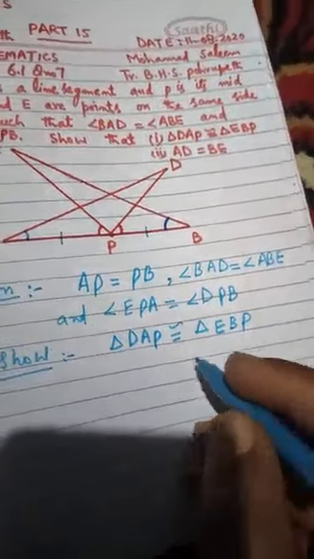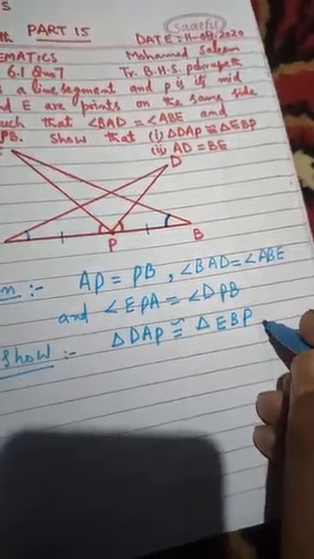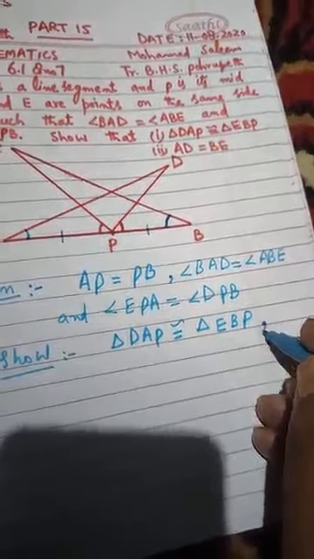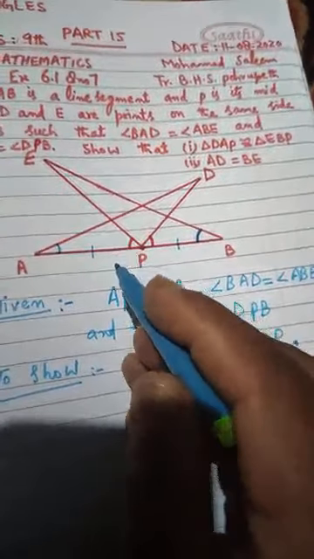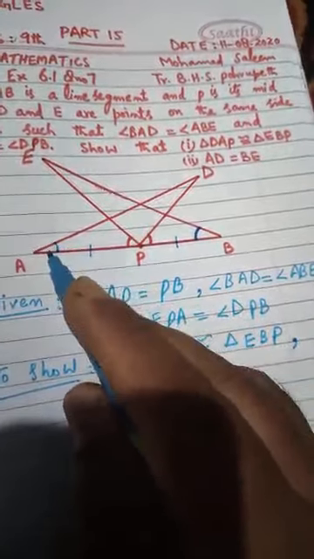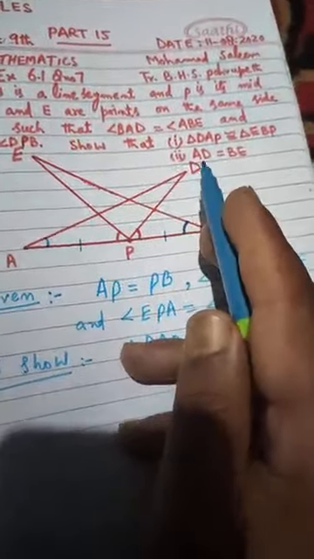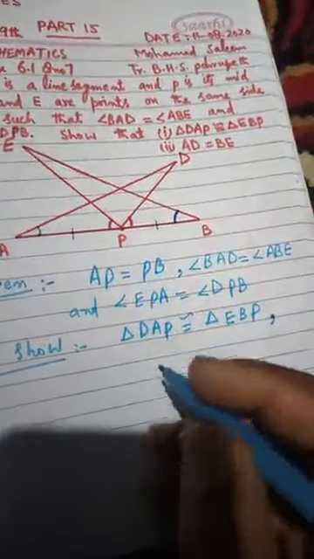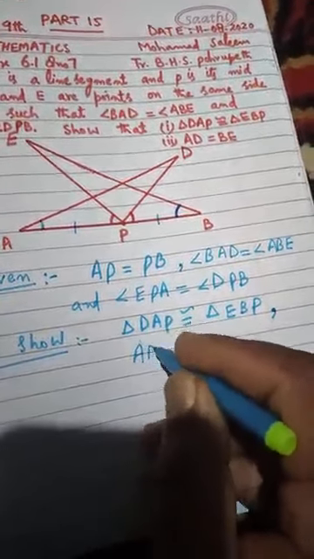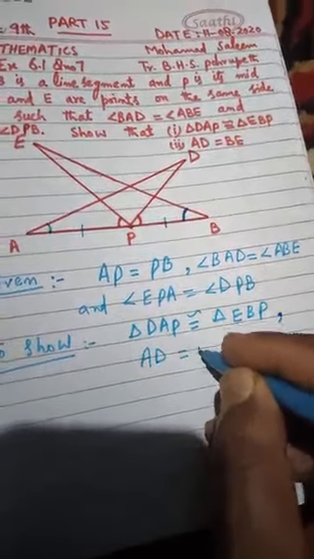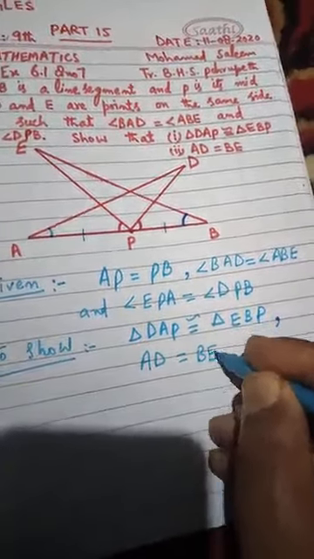The second thing we have to prove is that AD is equal to BE.